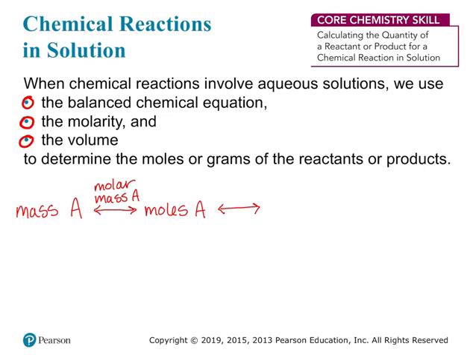And then once we have moles of that reactant, we can convert that to moles of something else using ratios from our balanced equation. And then we can convert moles of B to a mass using molar mass.